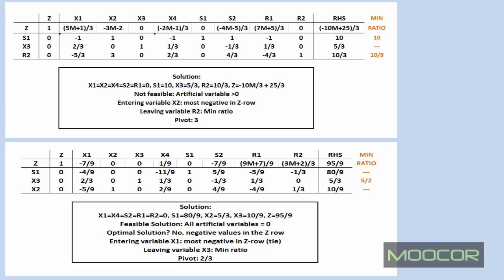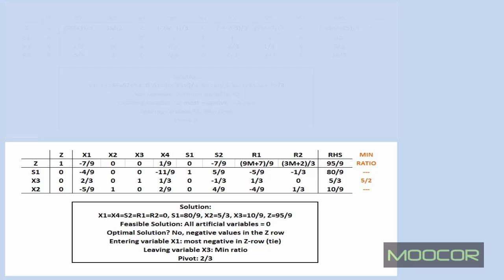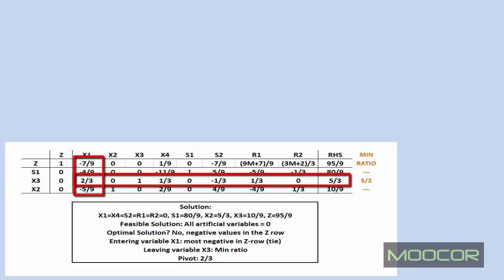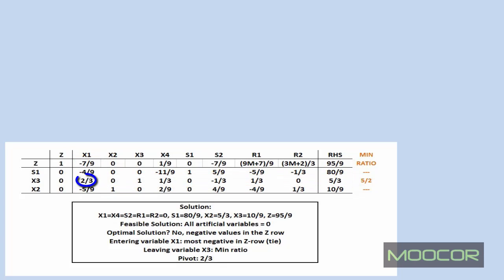We are moving toward the optimal solution, and in that operation our choice is to find the variable that has the most negative value in the Z row. The new solution is actually feasible, and now we can talk about the optimality of the solution, which is not optimal because we have negative values in the Z row.